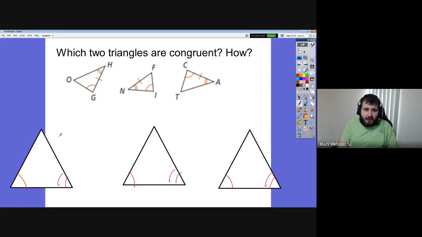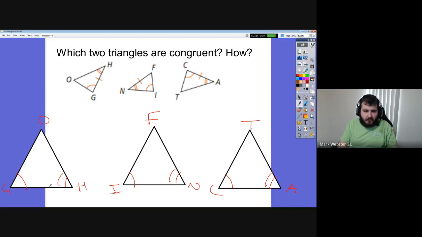And the key here is where's the angle pair going to go, and where's the side pair going to be? And then what's the other one? Right? So here I've labeled everything. Let's put the sides where they go.